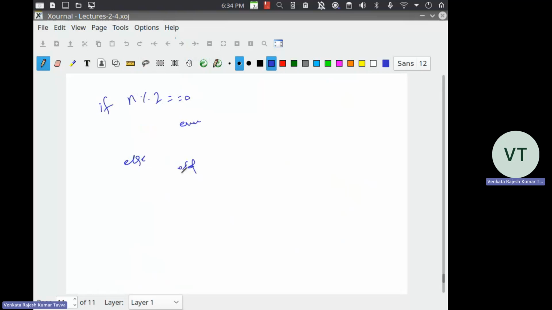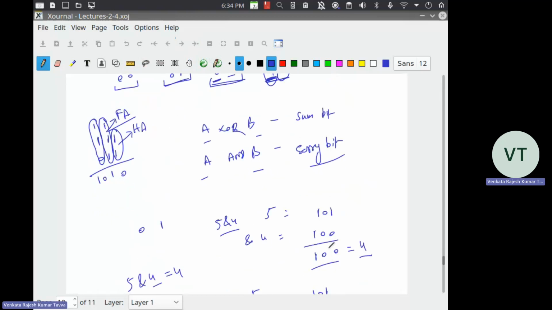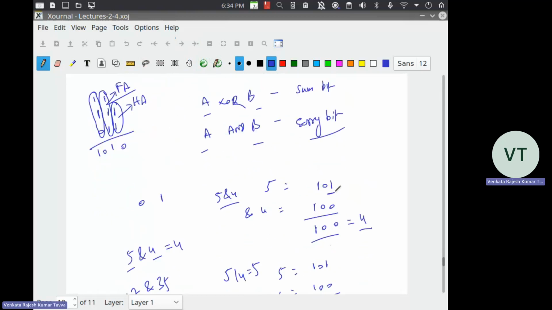Like you saw here, 5 is odd because last bit is 1. 4 is even, last bit is 0. You take any even number, last bit will be 0. You take any odd number, last bit will be 1. You need not find the entire number value. Now given this clue, use bitwise operators to find given n, if n is even or odd, using only bitwise operators. Okay. This is your homework.